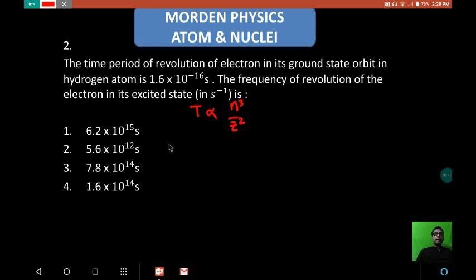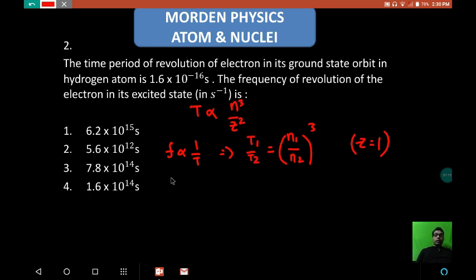We also know that the frequency is inversely proportional to the time period. Here we make the ratio T1 to T2. We put n1 upon n2 whole cube, as Z equals 1 because for a hydrogen atom Z equals 1.